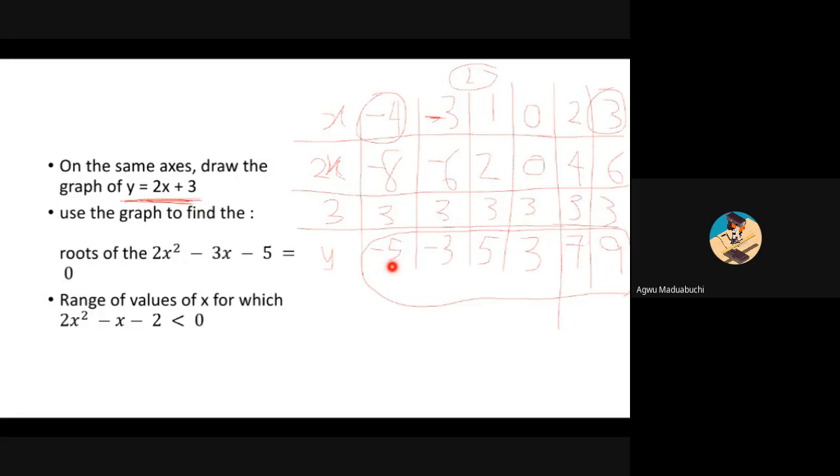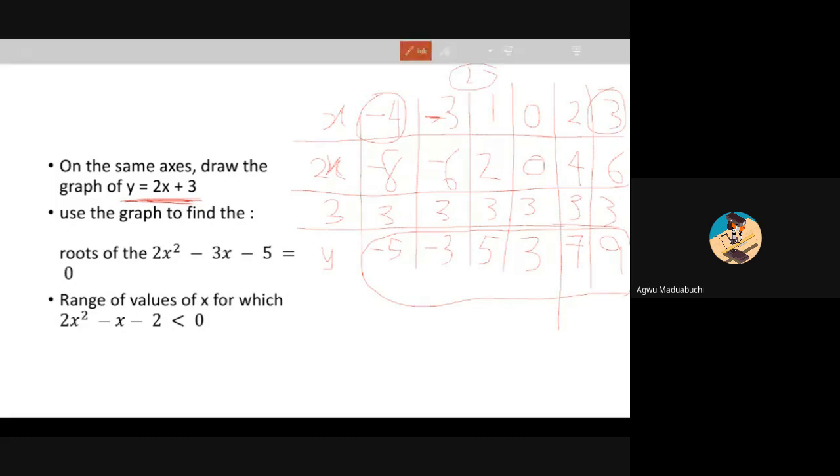Is that clear? Yes. We're just adding the -8 and 3 only without the x. If this is confusing you, just pick this, y equal to 2x plus 3.